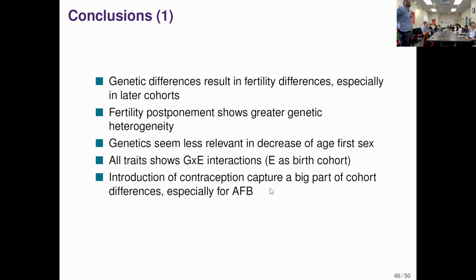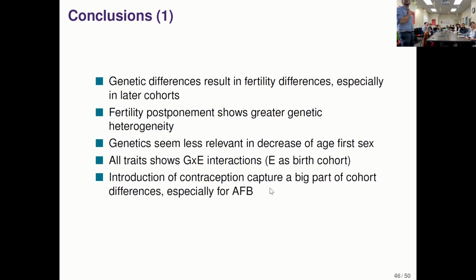To conclude, genetic differences result in fertility differences, especially in later cohorts. We see the greatest genetic heterogeneity for fertility postponement. This seems less relevant for the decrease in age at first sex, so probably something else.